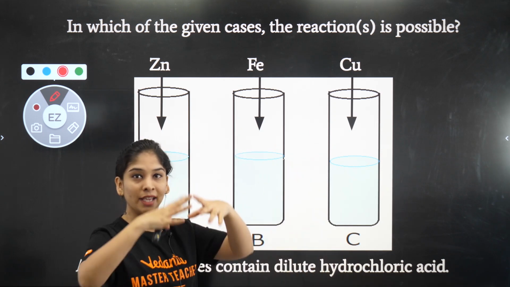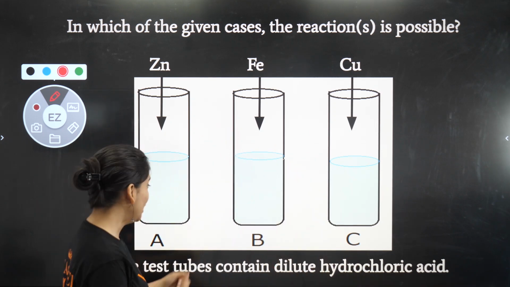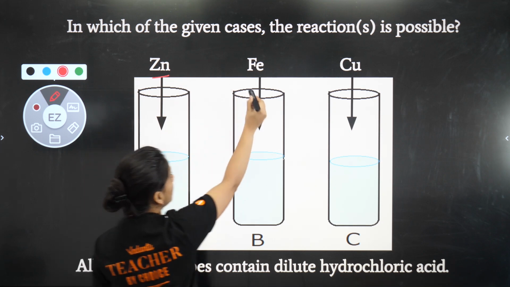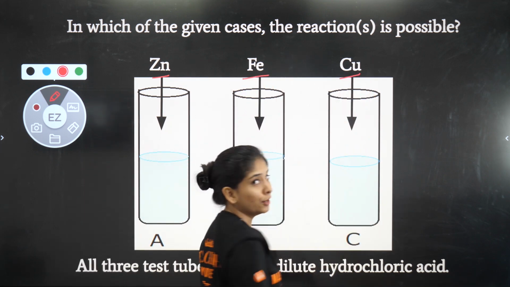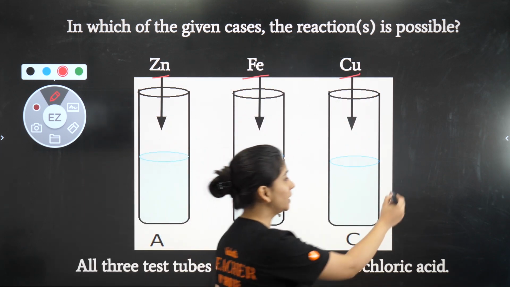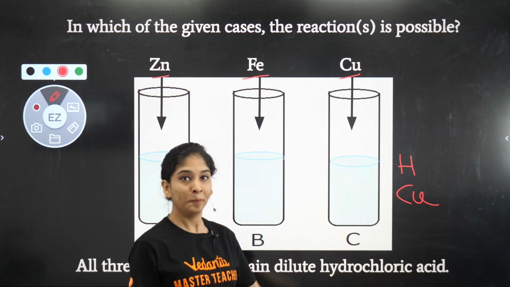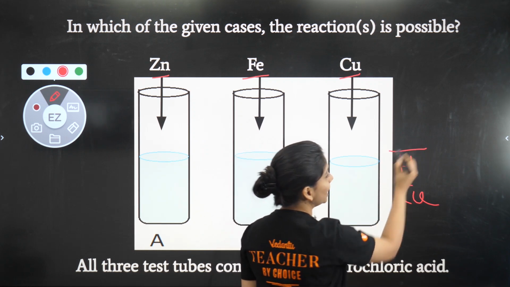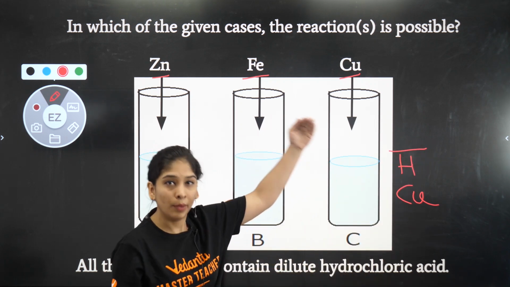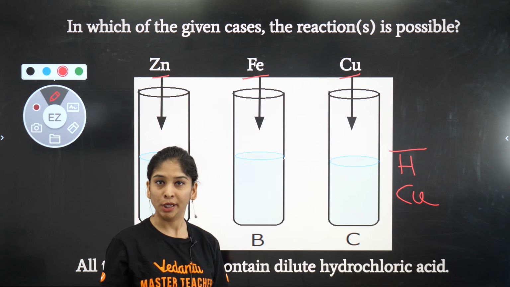Tell me which one, in which will we see the magic? Okay, so A is zinc metal, then iron and copper, and if you try to remember the whole reactivity series, right after hydrogen copper will come. Means all of these metals like iron and zinc came above and copper came below.